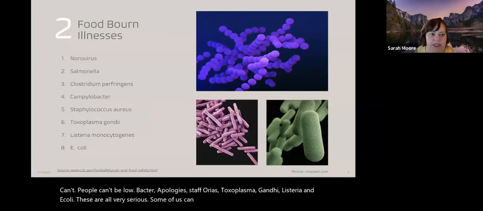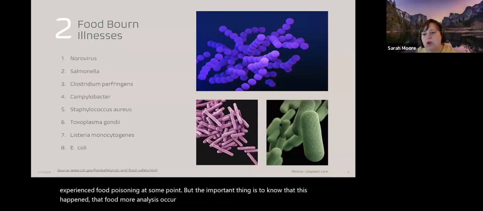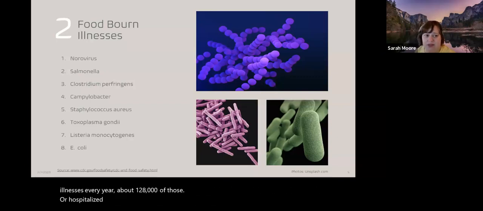We've all probably experienced food poisoning at some point, but the important thing is to know that foodborne illnesses occur quite frequently. About 48 million people get sick from foodborne illnesses every year. About 128,000 of those are hospitalized, and about 3,000 of those then die. So yes, food poisoning is serious.